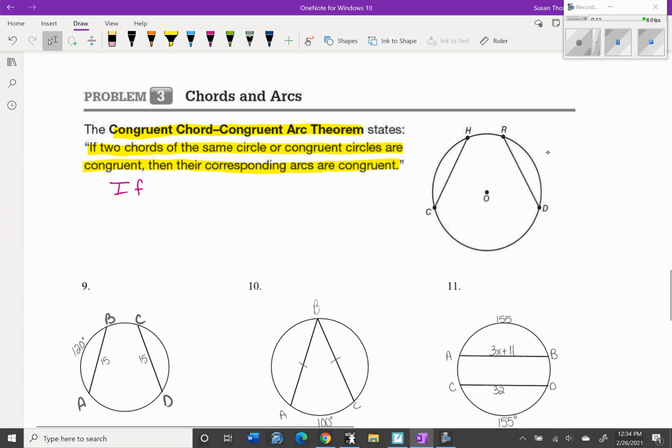If CH is congruent to RD, then arc CH is congruent to arc DR or RD. So that means that if these are congruent, then this arc is congruent to this arc over here.